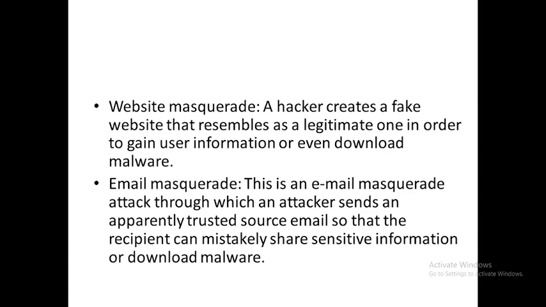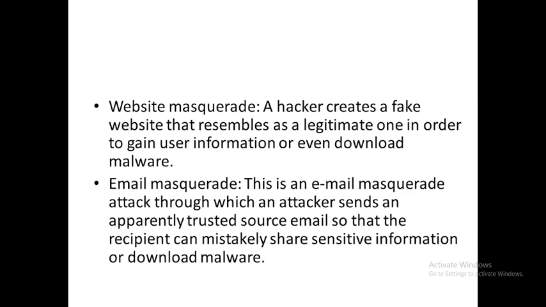Email masquerade. This is an attack through which an attacker sends an email from an apparently trusted source so that the recipient mistakenly shares sensitive information or downloads malware. Trusted source means, for example, messages from a bank.